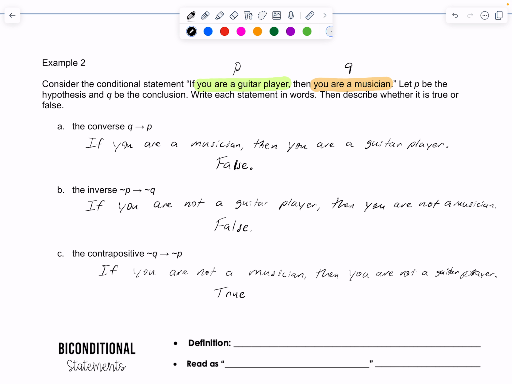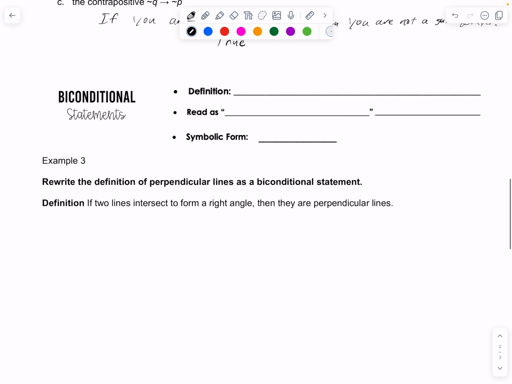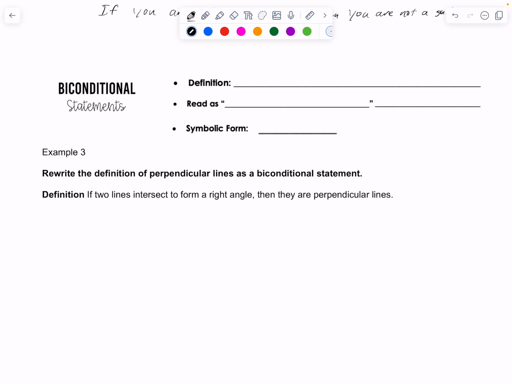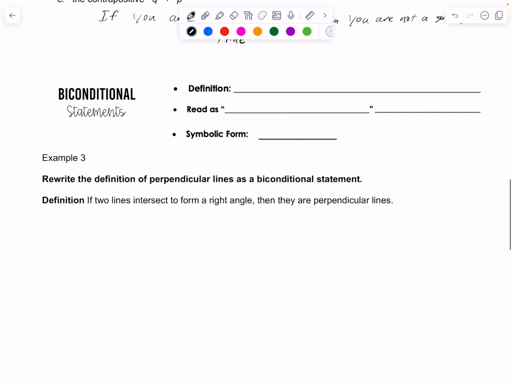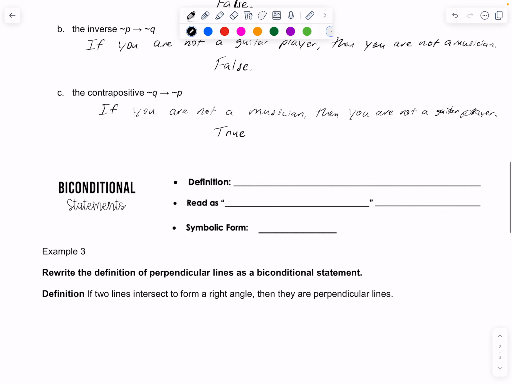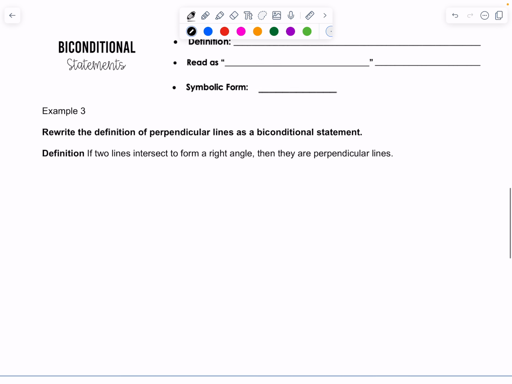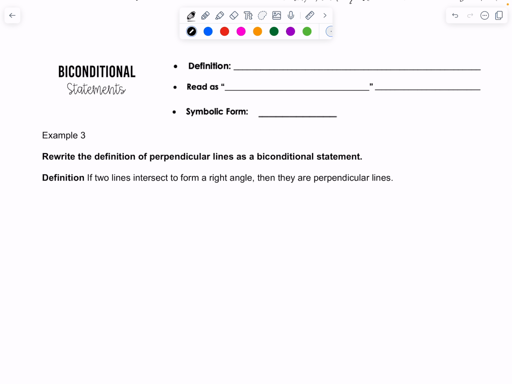All right, so that's an example of writing those different conditional statements, or one conditional statement using the converse, the inverse, and the contrapositive. Okay, let's go to biconditional statements. So biconditional statements, essentially what I'm looking for here is if both your conditional statement and the converse statement, like that thing we just talked about up here, the converse, if you switch the order or the direction, if they're both true, then this is called a biconditional statement.